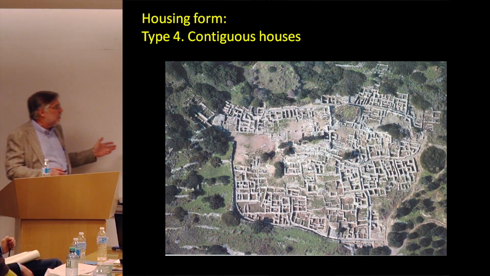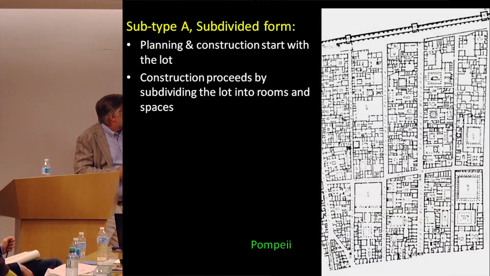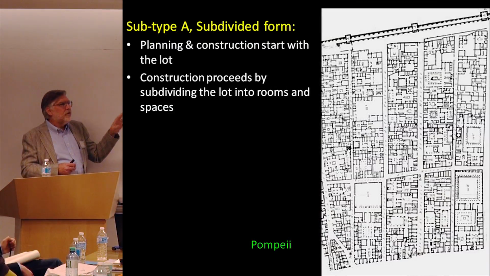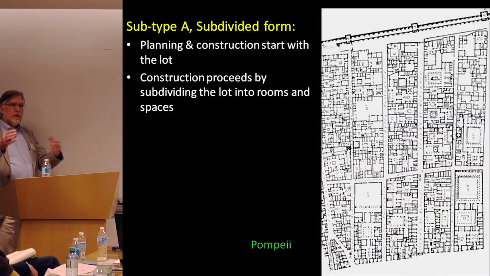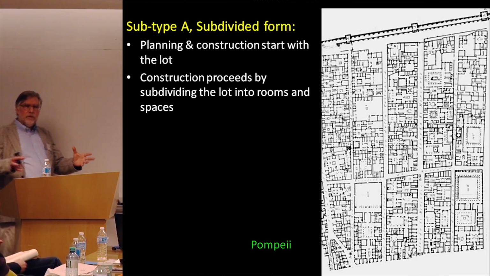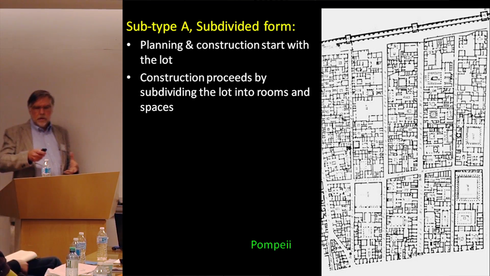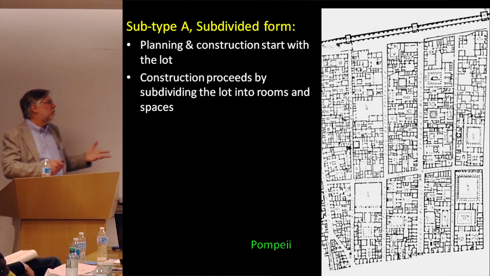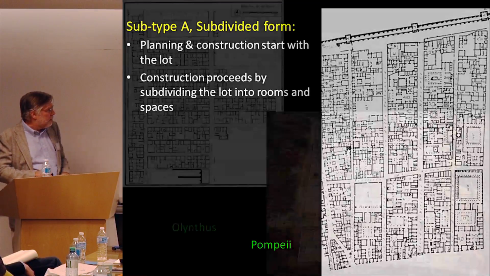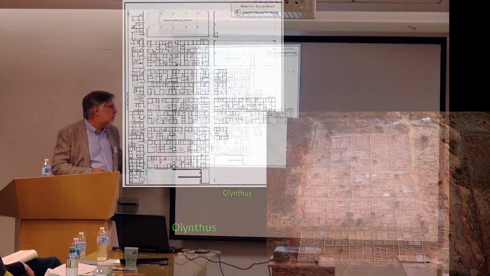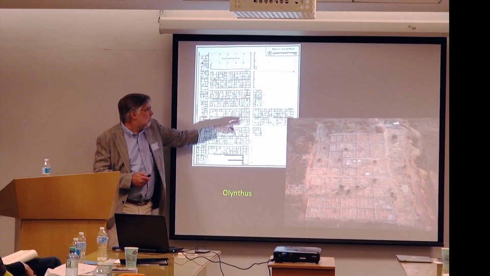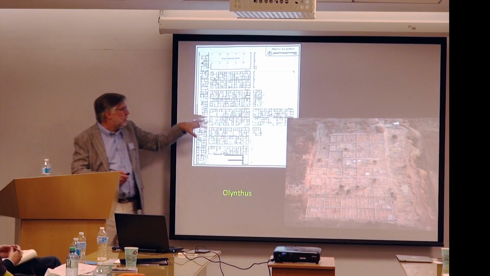In contiguous houses, there's a couple of forms. One is a subdivided form. You basically start with a lot and then you fill it in. You divide it up. So classical Greek and Roman cities, this is Pompeii, Olynthus: you set these standard blocks and then the individual rooms are filled in, with a little bit of variation.